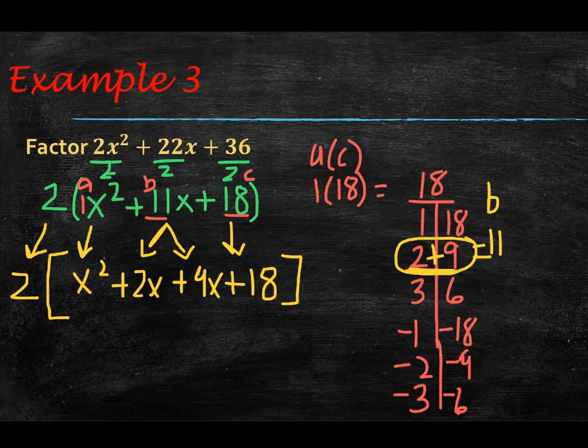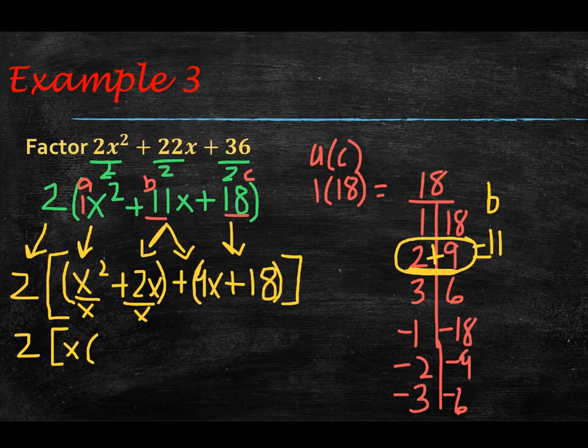And here's why I used brackets, because now we're going to group our first two together and our last two together. So if I don't have those brackets there, it gets a little confusing. So we'll have 2 bracket. Now we're going to divide the first parenthesis by its GCF. Well, I can divide both of them by x. So bring your x outside, and when you divide it by x, you're left with x and then plus 2.